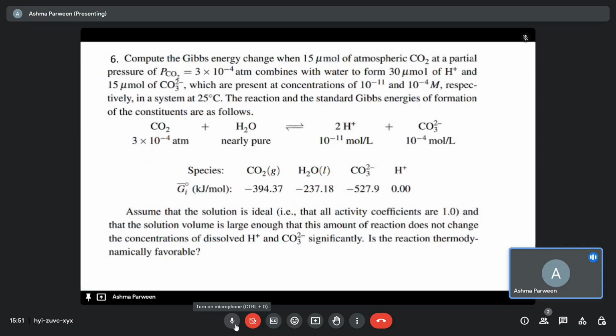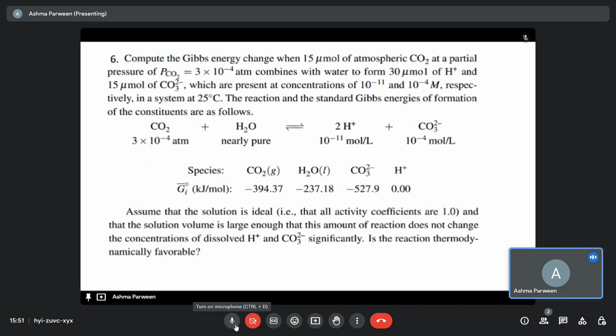So I think this was the question that we have to find out: is the reaction thermodynamically favorable? We can see that yes, the reaction is thermodynamically favorable because the Gibbs free energy is negative.